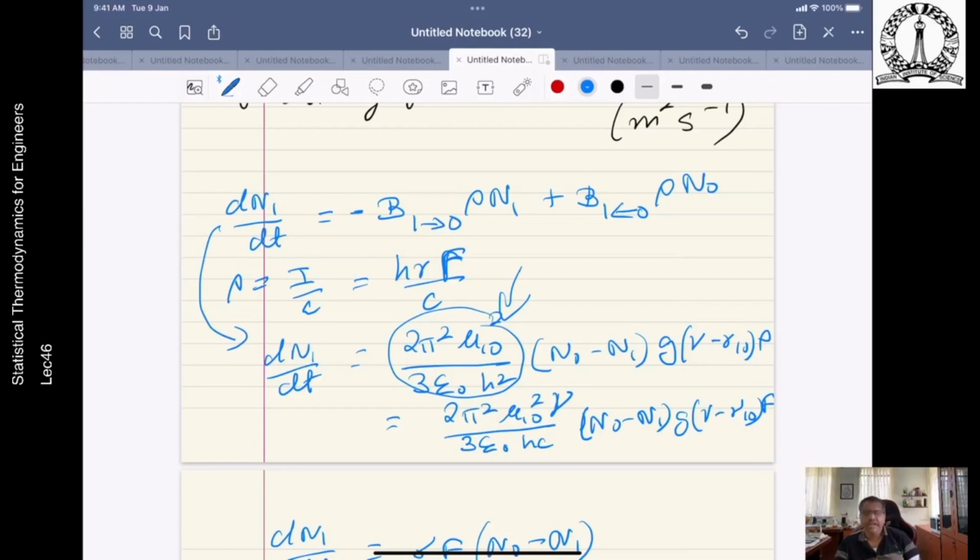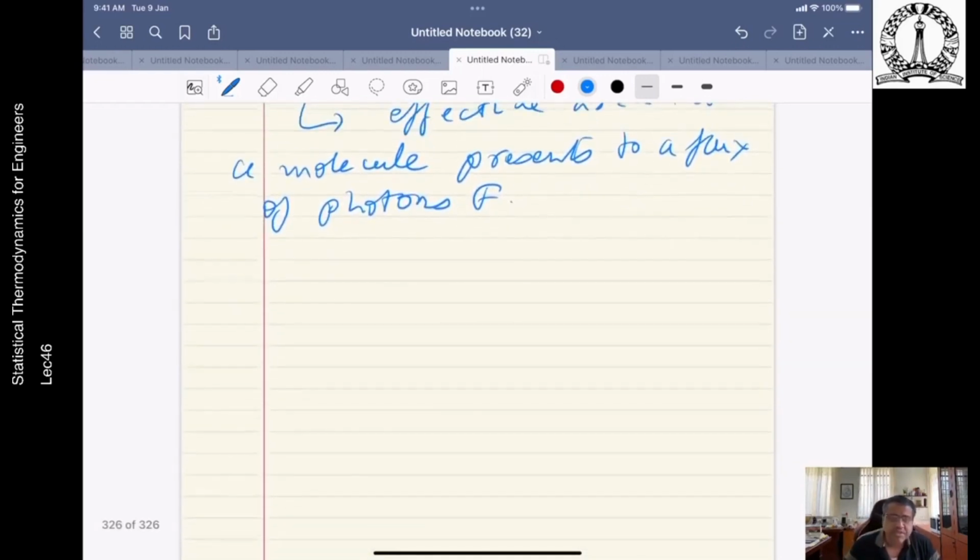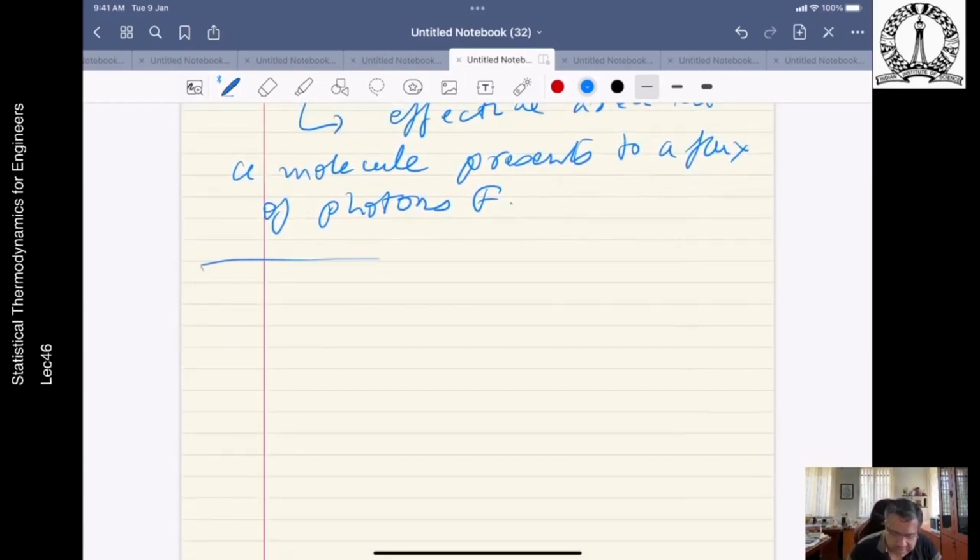So for that we need to take a detour and find out how these absorption coefficients can be evaluated from first principles. So here is a case for a small detour.